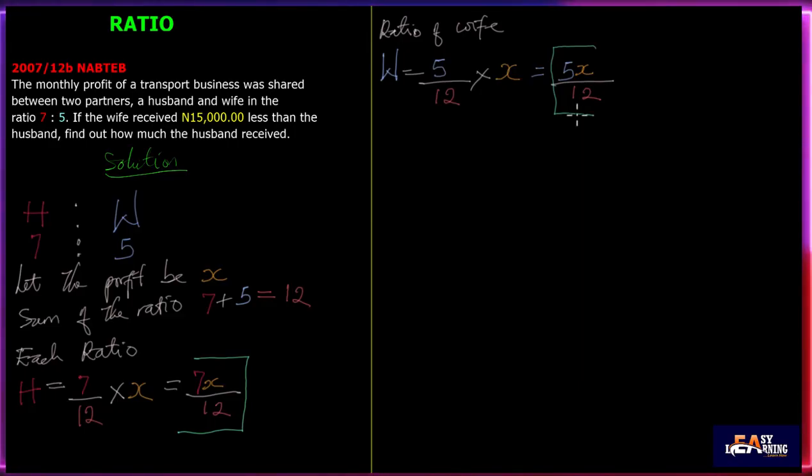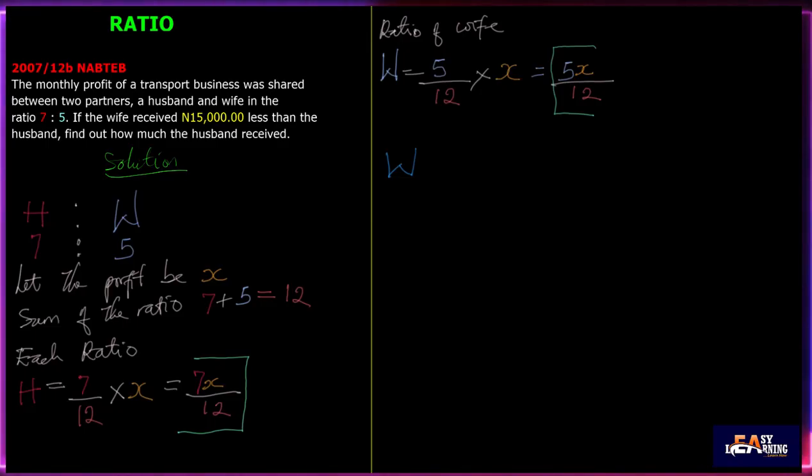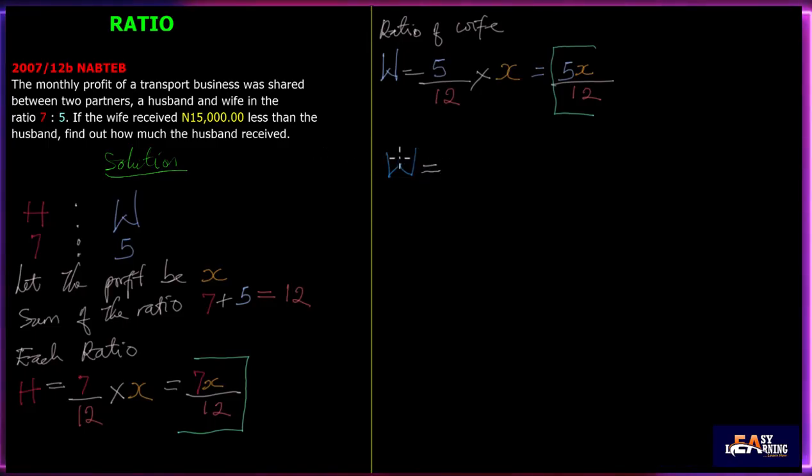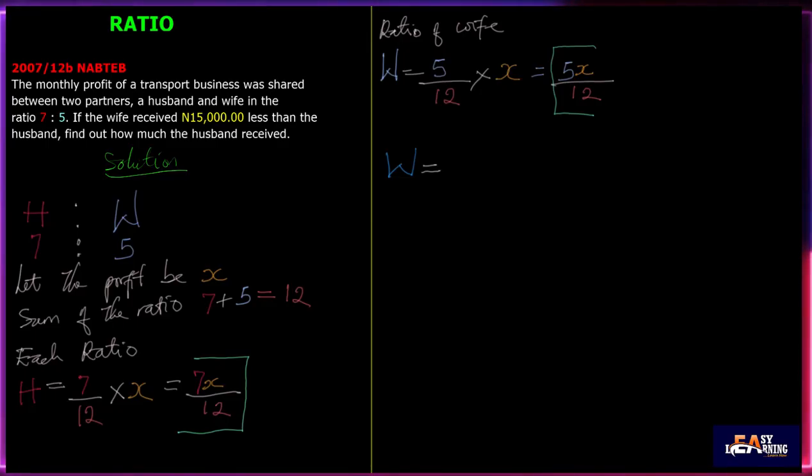Now our question says, if the wife received 15,000 less than the husband, find how much the husband received. So what we are being told here is that the wife's money is equal to 15,000 lesser than the husband.